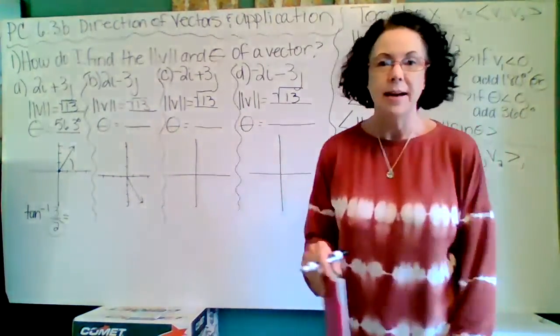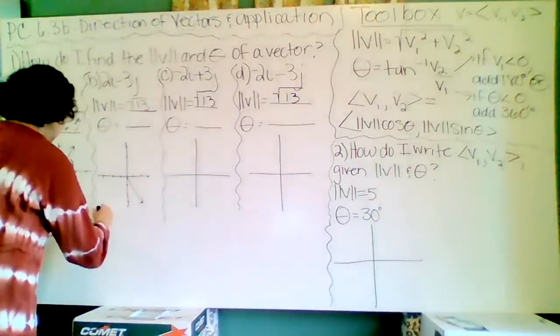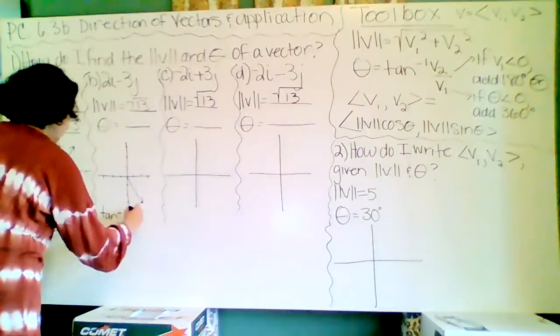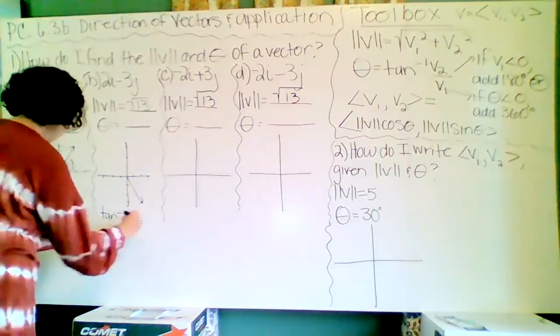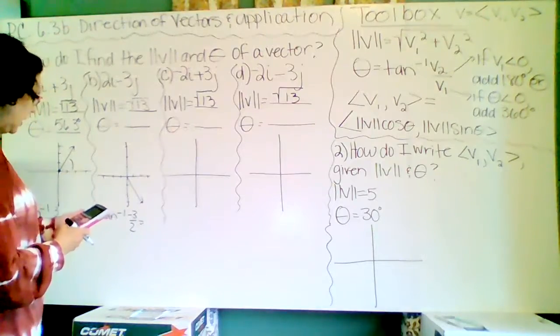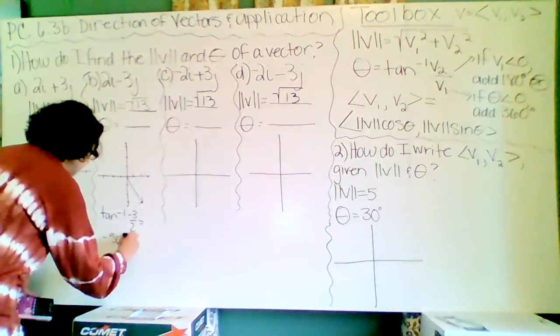I'm really focusing on the angle here. So let's find this angle: inverse tangent of negative 3 over 2 is negative 56.3 degrees.